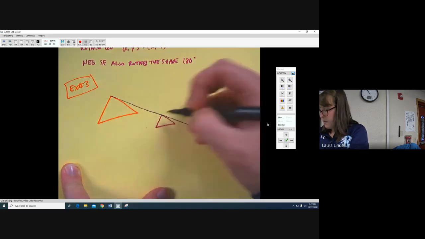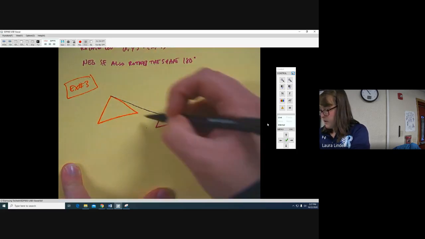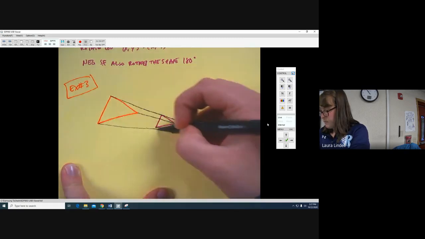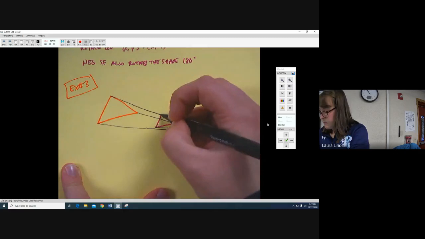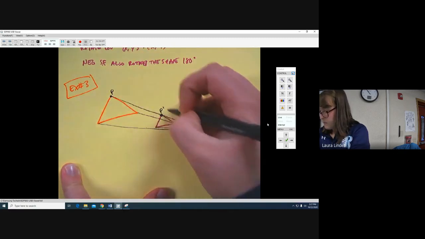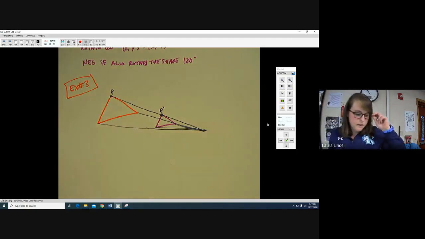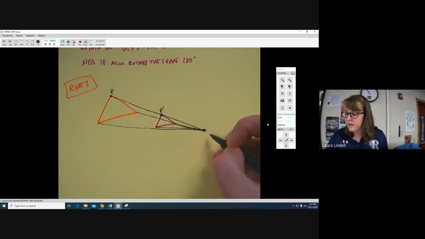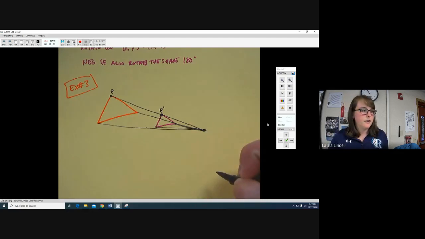And I will do my best to draw nicely. Okay. So let's say we've got a picture kind of like this. We have a triangle and we have a smaller triangle, and this is our center of dilation here.